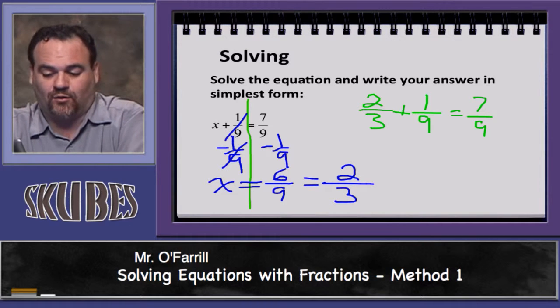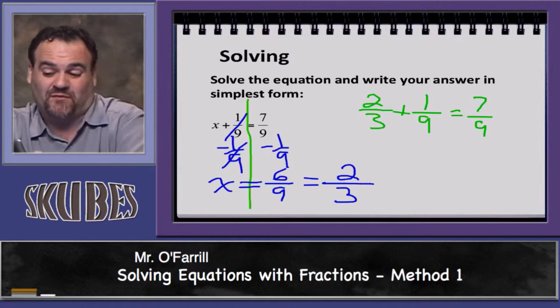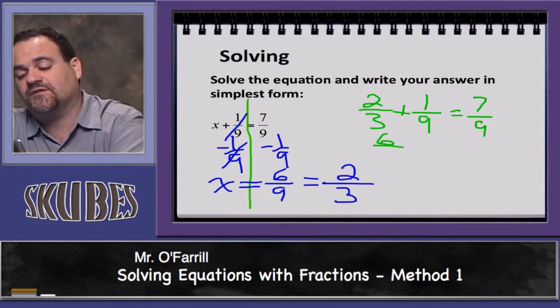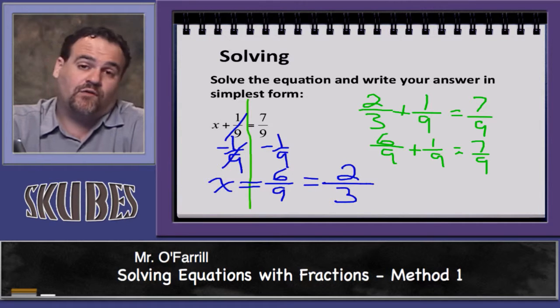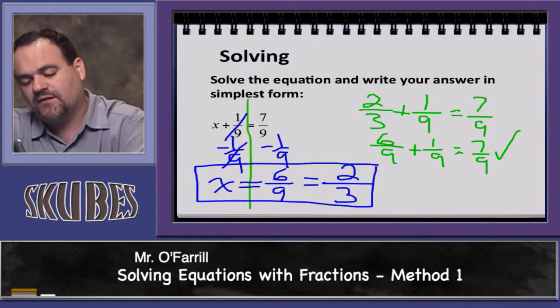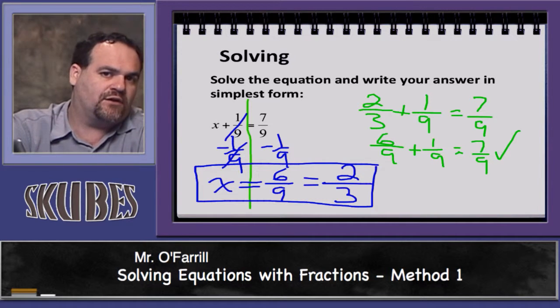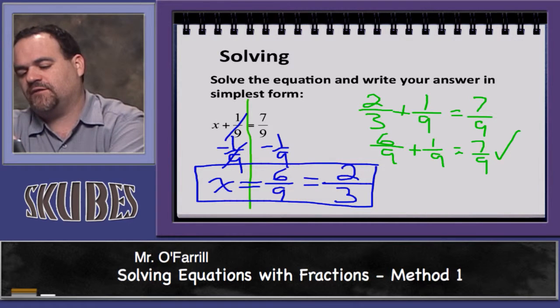We already did the work right here to show that 2/3 is the same as 6/9. So I'm just going to go ahead and change that right here. 6/9 plus 1/9 is supposed to be 7/9, and 6 plus 1 is 7. So absolutely, it's 7/9. It checks out. And if you remember, what I like to do from the previous video is to go ahead and box that final answer. Make it easier to track on your page. But that's our first problem that involves fractions.